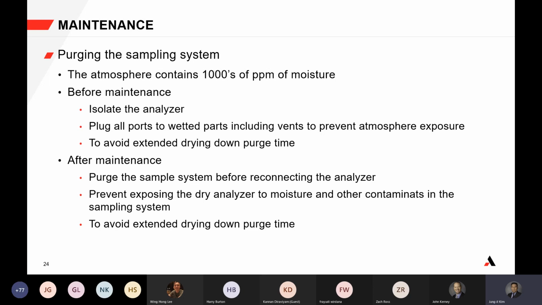So you have the option to put a back pressure regulator that can be set at 15 PSI. So when a back pressure regulator is installed, there is back pressure compensation. So the reading compensates for the back pressure.